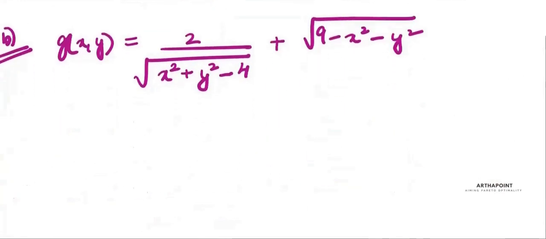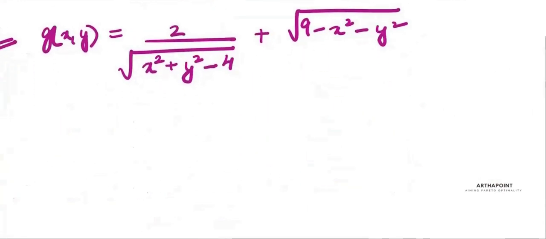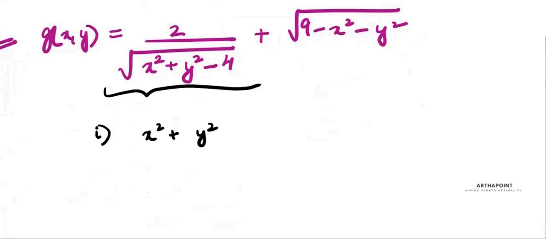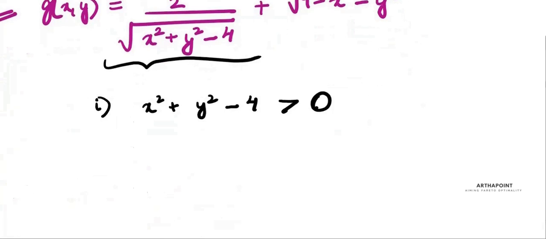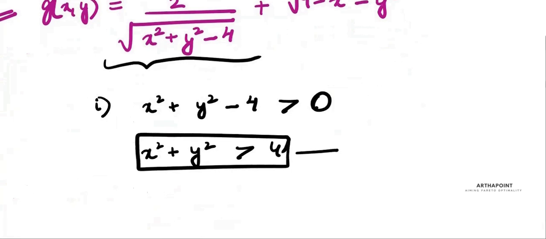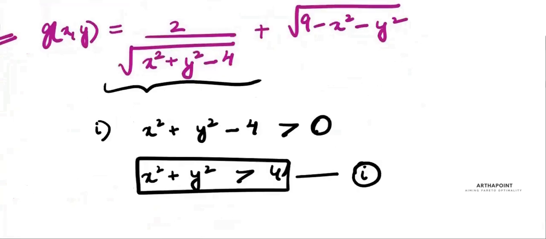What I'm going to do is very simple. Because this is coming in the denominator, it has to be strictly greater than 0. The denominator cannot be 0, and it cannot be less than 0 because it is under root. So I have x square plus y square minus 4 strictly greater than 0, so x square plus y square strictly greater than 4. This is condition 1 that has to be satisfied.